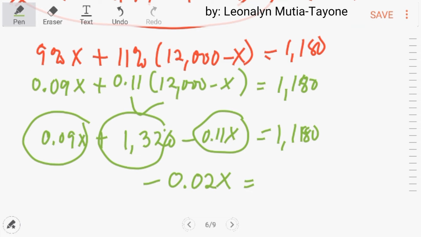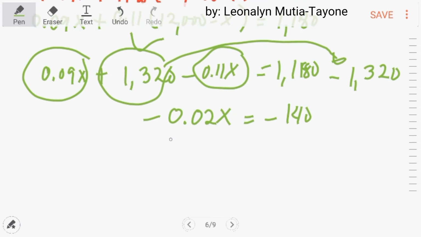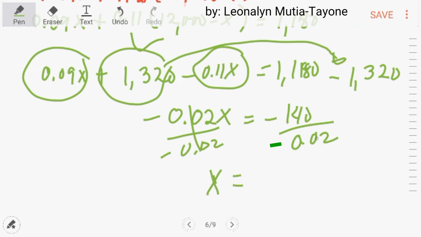Ito naman, i-transpose dito, maging minus 1,320, and that is negative 1,180 minus 1,320 is negative 140. So, i-transpose natin sa kabila by dividing both sides by negative 0.02, cancel na yan, isolate na si x. So, x is equal to 7,000.